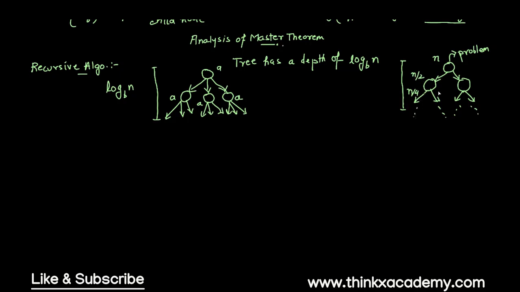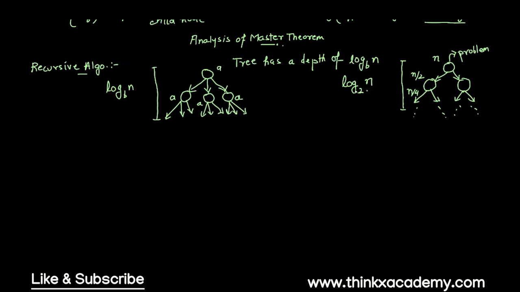So this basically gives me a depth of log base 2 of n. Remember, b represents the factor by which each subproblem's input shrinks, which is the half. So we're considering b as 2, because you can see that it will just divide it into two half arrays.